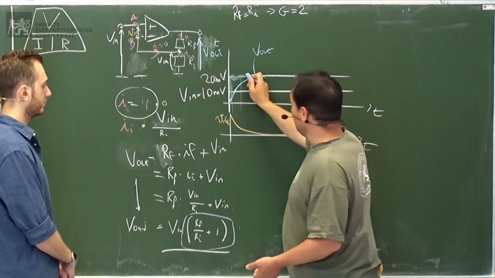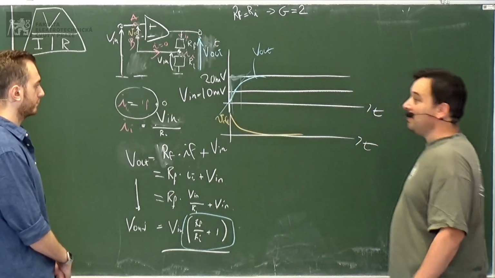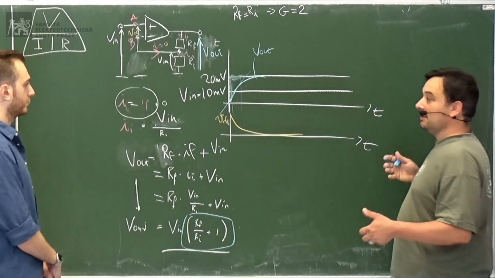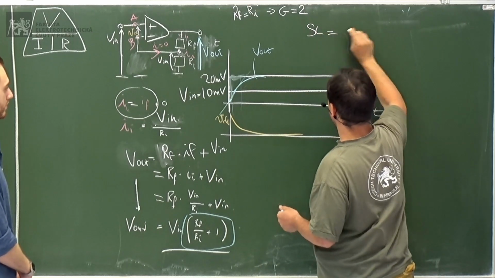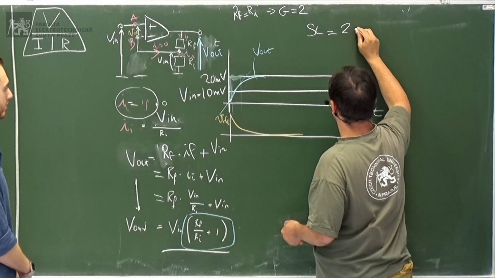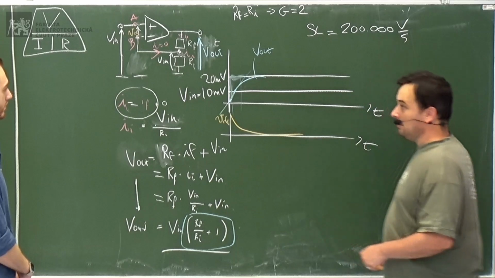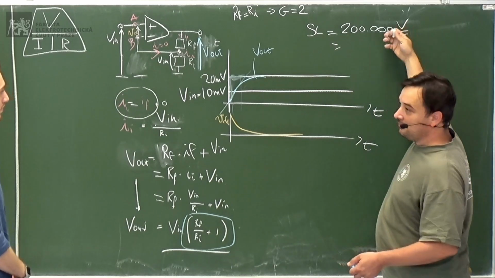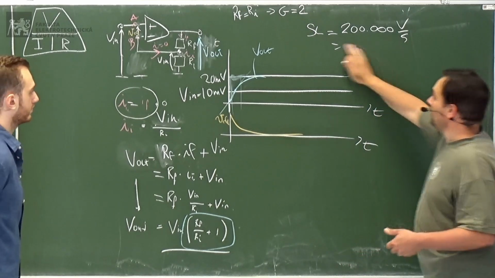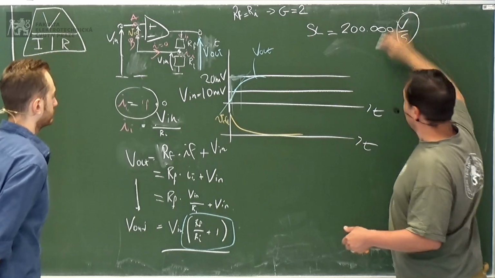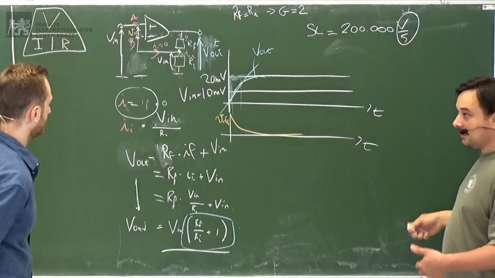So the slew rate is this slope here. It tells you how many volts per microsecond it can change. If I tell you that the slew rate is, I don't know, 200,000 volts per second, typically it's given in volts per microsecond. So the slope is the change in volts per time.